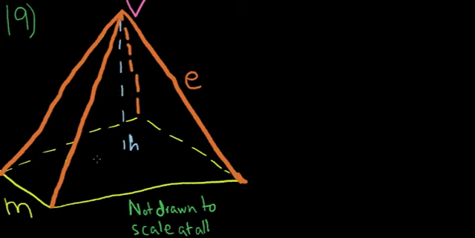So, figure not drawn to scale. Mine is not drawn to scale at all. It looks much better in the book. So the pyramid shown above has altitude, height H, and a square base of side M. The 4 edges that meet at V, these orange edges, the vertex of the pyramid, each have length E. So there's a lot of values here.